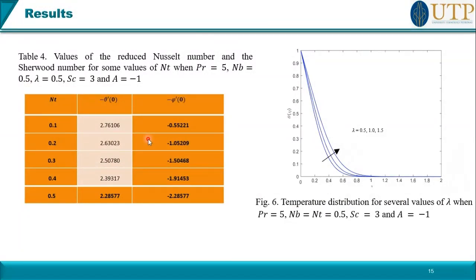From table 4, an increase in the thermophoresis parameter NT will decrease the local Nusselt number and increase the thermal boundary layer thickness.